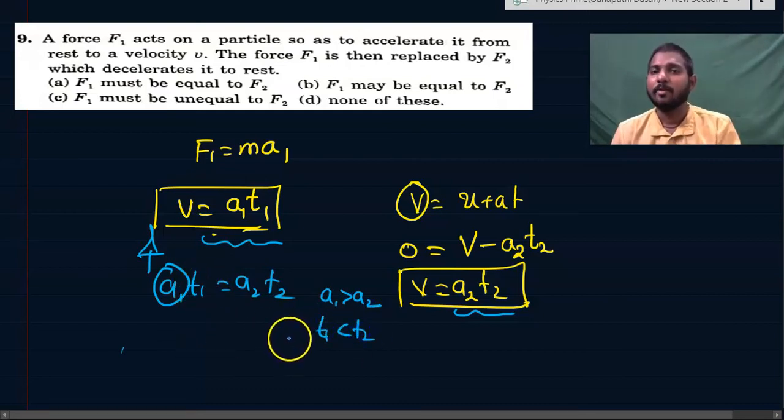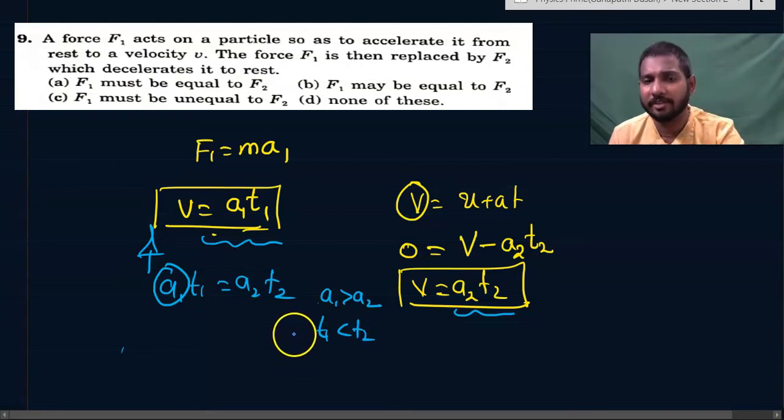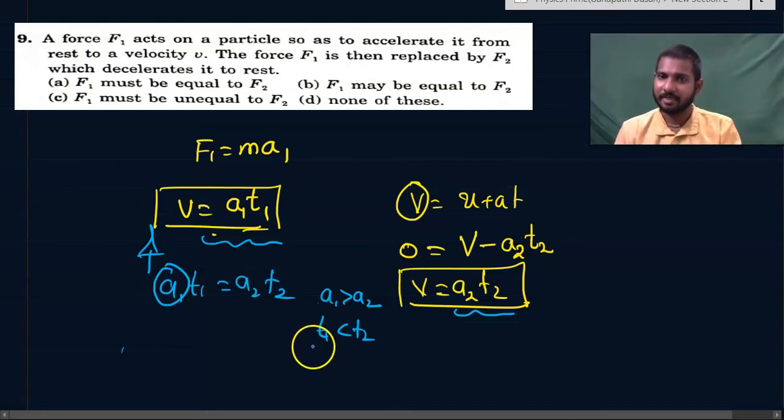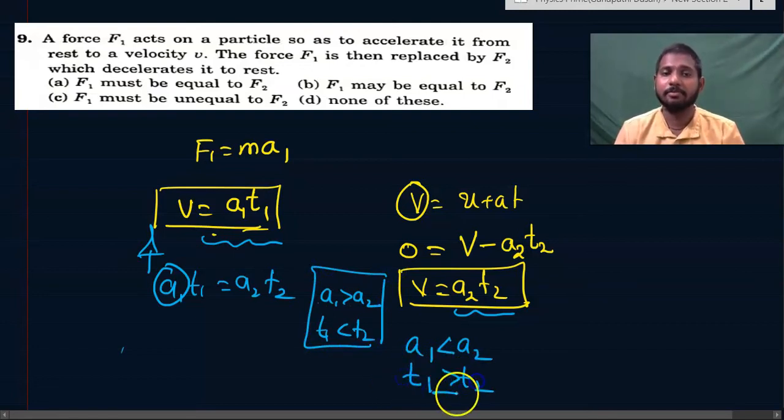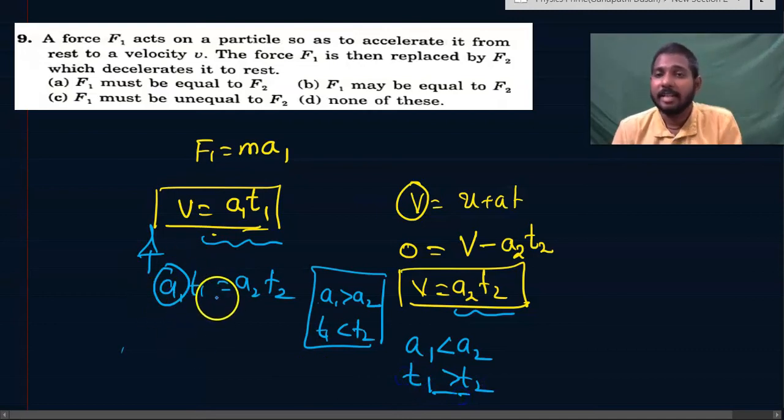The time the particle takes to reach velocity v will be less in the first case. If a1 is less than a2, then t1 is greater than t2. It will take more time to come to rest.